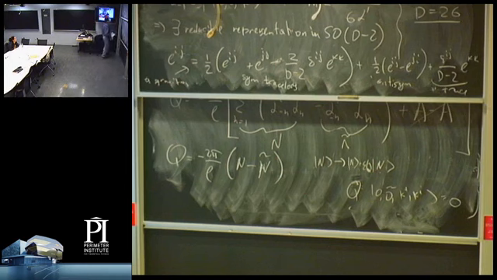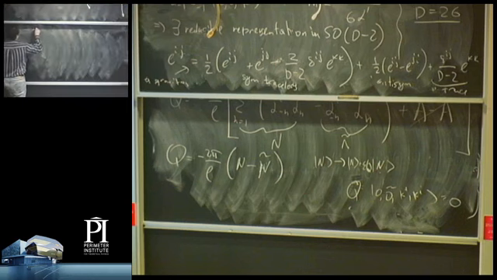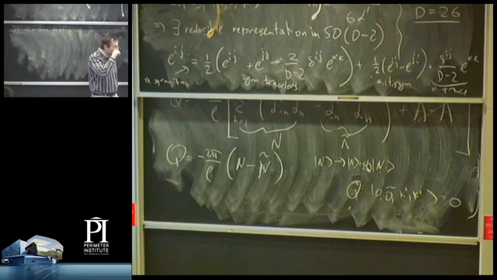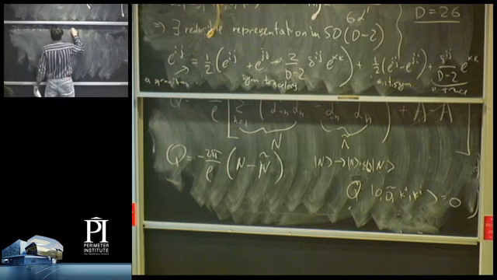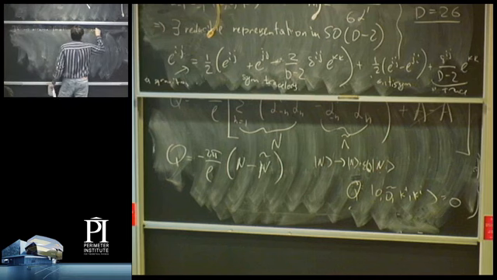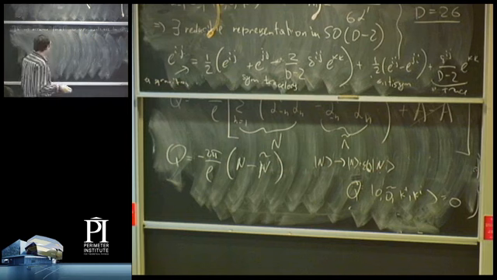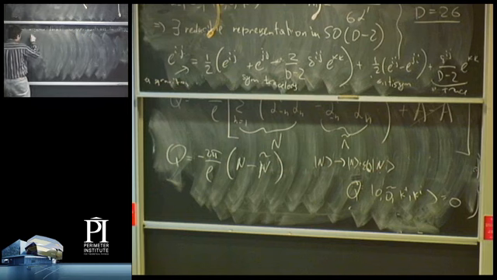If we assume that we can do only low energy experiments, meaning that we do not excite massive string modes, what this means explicitly is that 1 over root alpha prime, which is the same as 1 over the length of the string, is a characteristic energy scale in string theory.